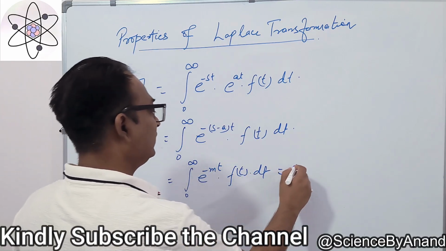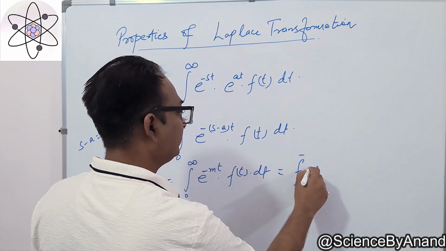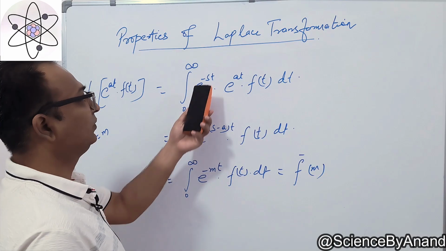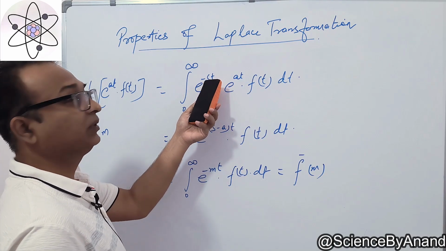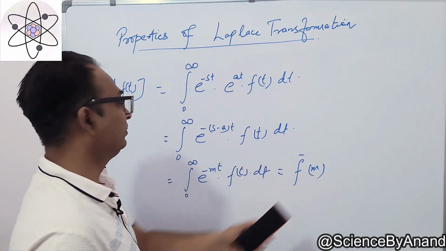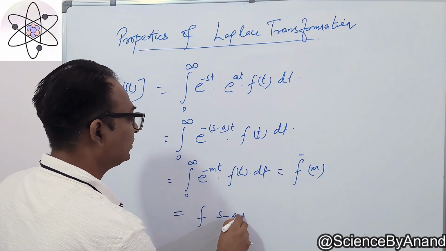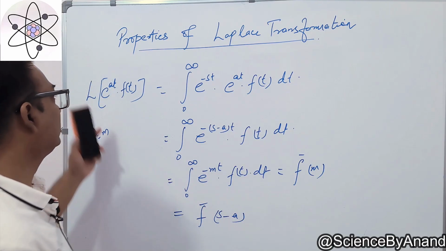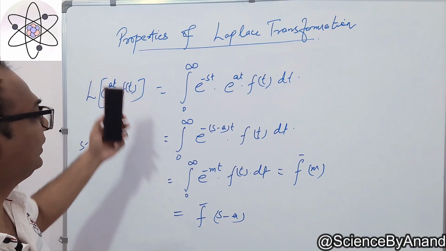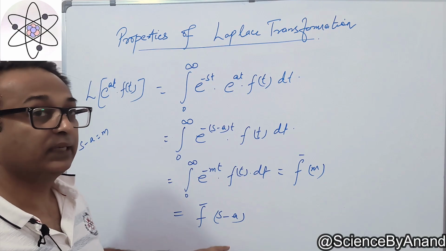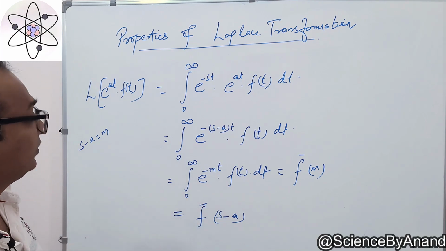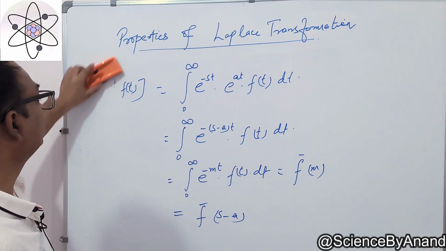What will this be? A function of m, because when we had e^(-st) it was a function of s, so this is a function of m. And what is m? m is equal to s minus a. Therefore, the Laplace transform of e^(at) f(t) gives us a function of s minus a. This is a very useful property.